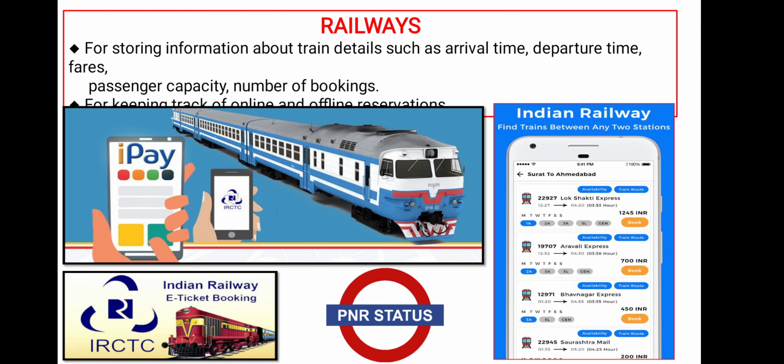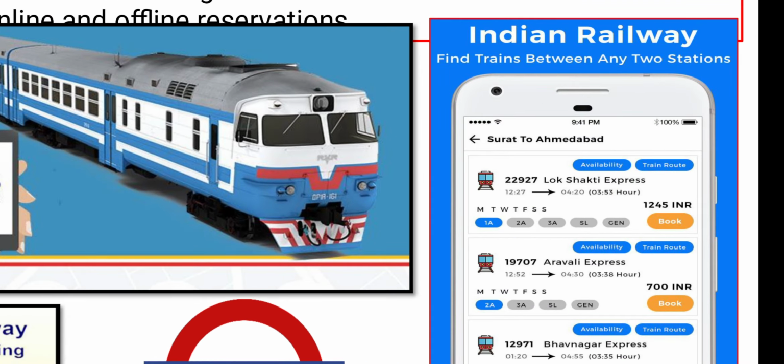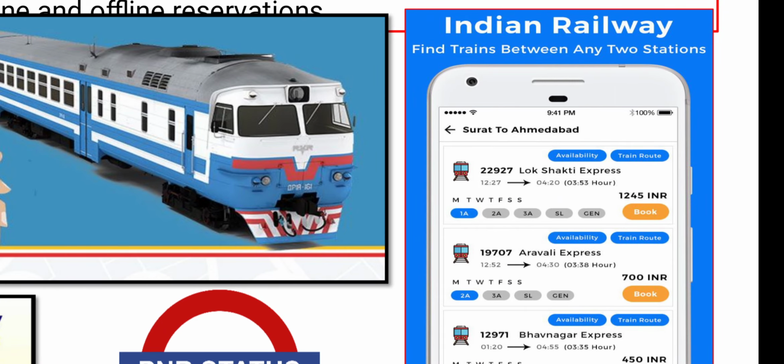As and when you book a ticket, you will get a number, that is the passenger number, and based on that PNR number you can check the details of the fare, your date of journey, time of journey, all those things. And you can also find the trains between any two stations with the help of these apps.